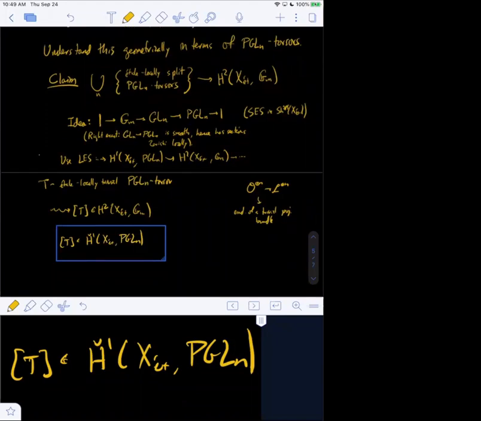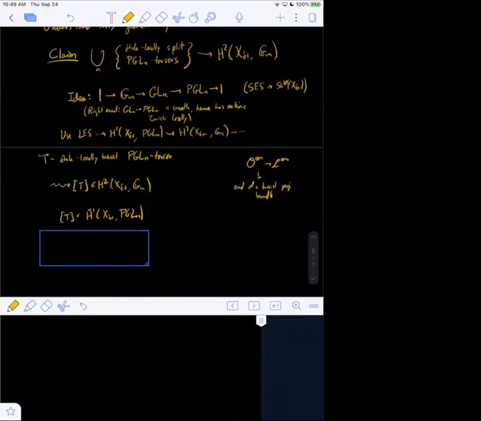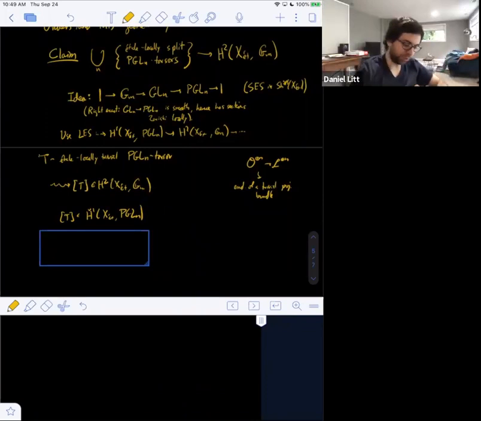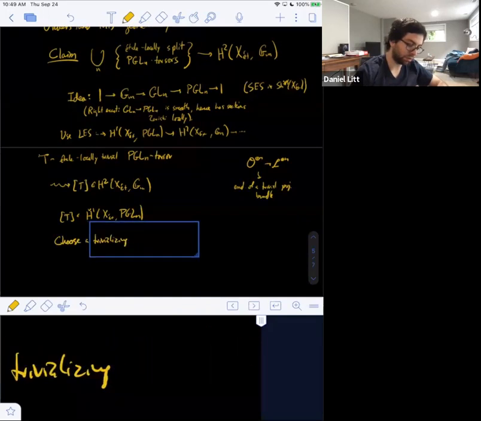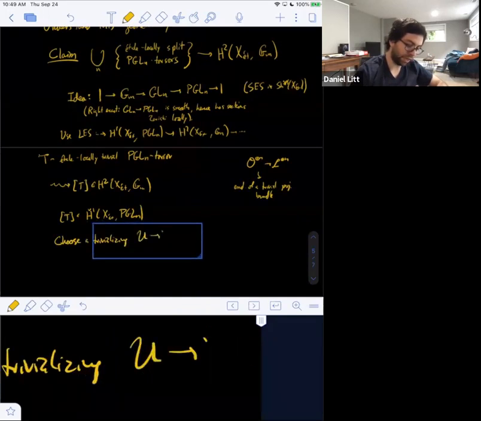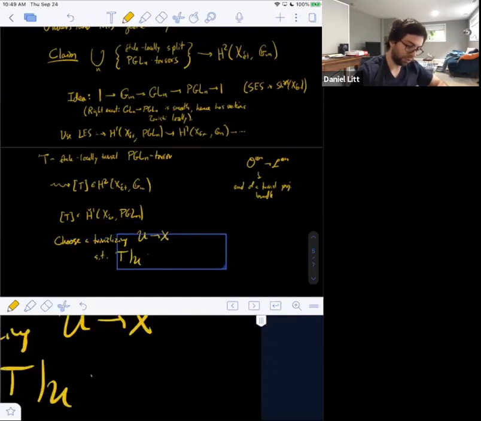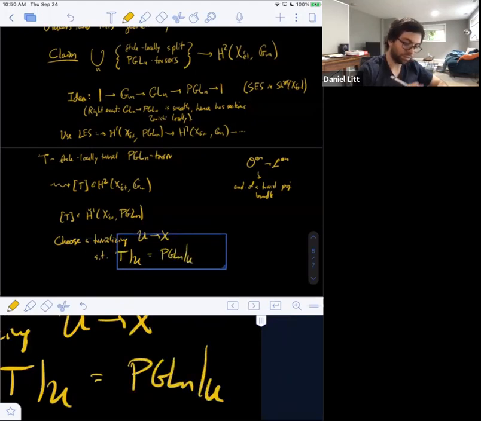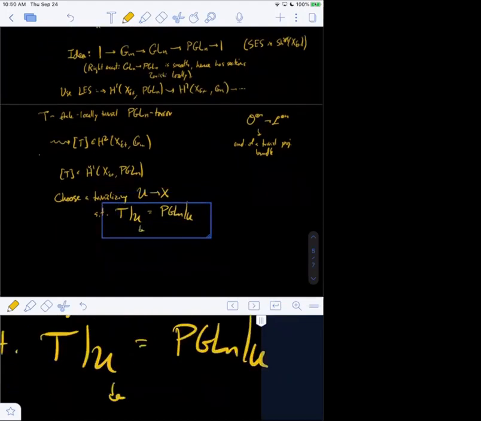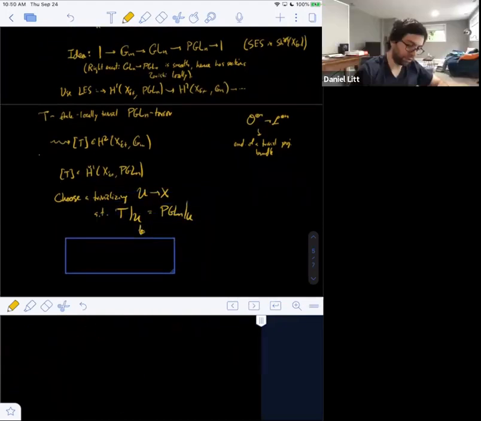We use the isomorphism from T cross T to once it trivializes over itself. Yeah, so here we said it's étale locally trivial, so we'll choose a trivializing map U to X, so that T restricted to U is the same as PGL_N restricted to U. So from this we get a cocycle.